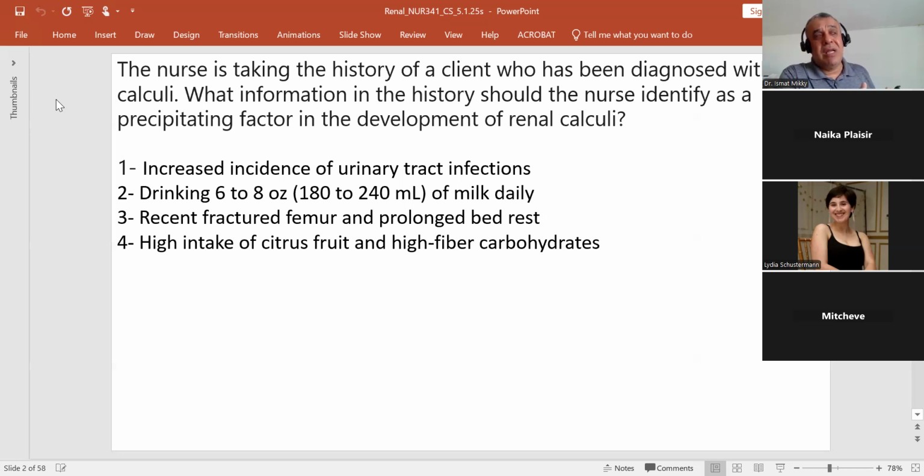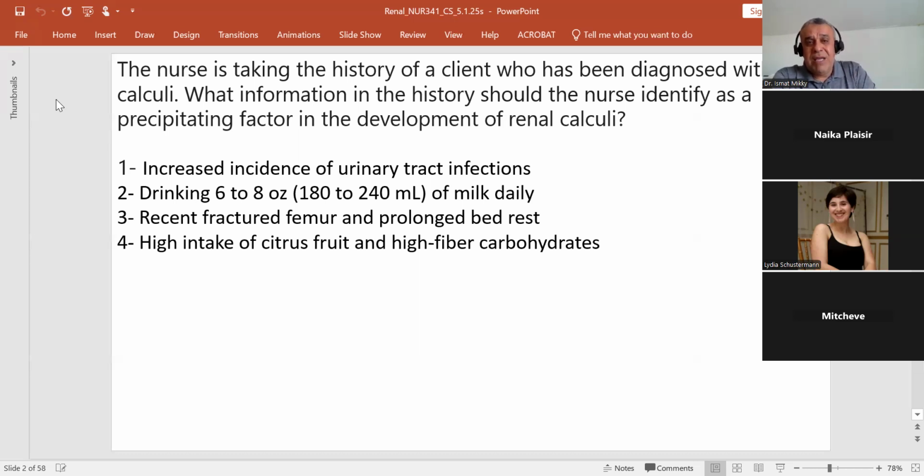predisposition to kidney stones? The linkage here is in the pathophysiology. Remember that immobility makes the bones lose calcium, which is called bone resorption. Bone resorption means calcium leaving the bones into the bloodstream.